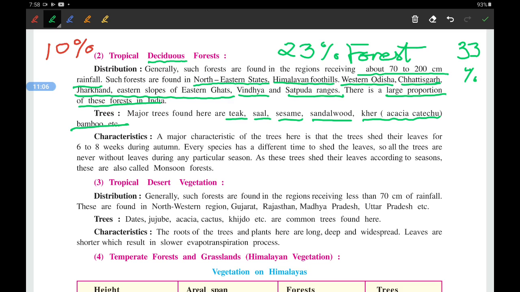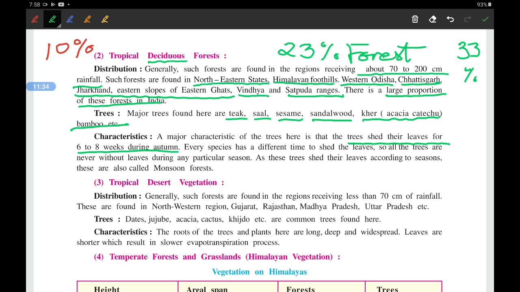Now, what is the characteristic? The major characteristic of these trees is that they shed their leaves for 6 to 8 weeks during autumn. But they don't shed the leaves all at once.